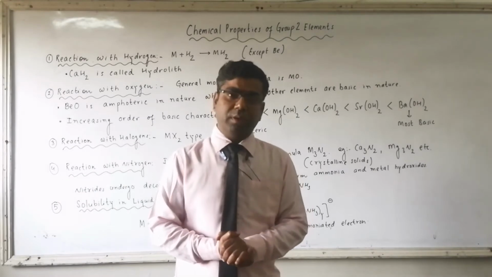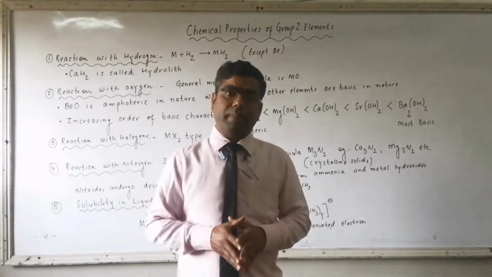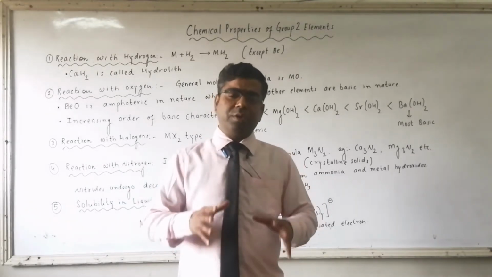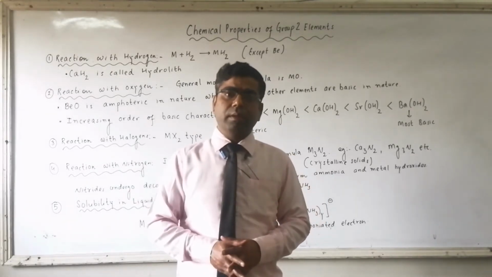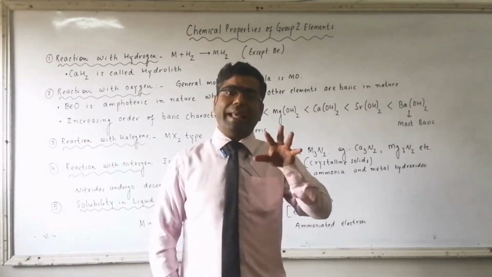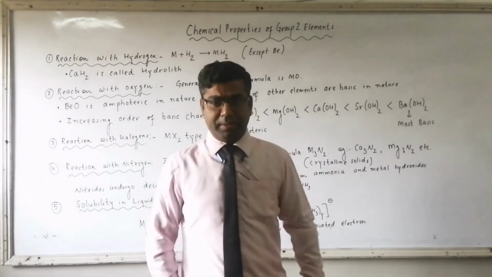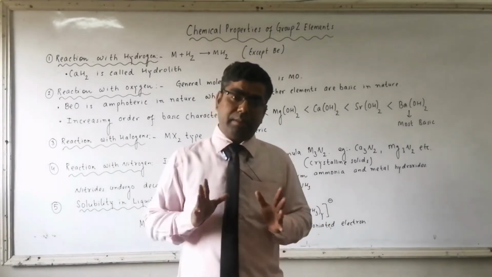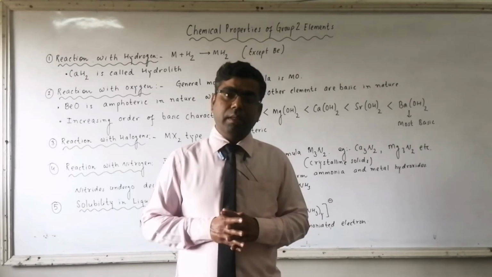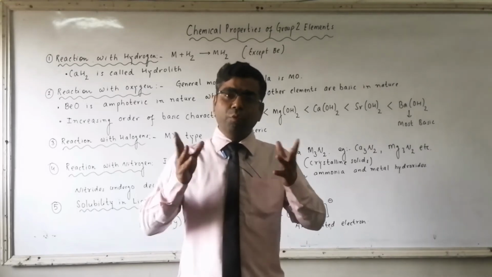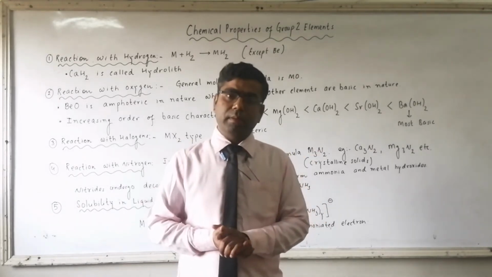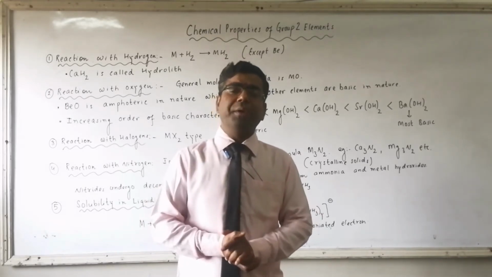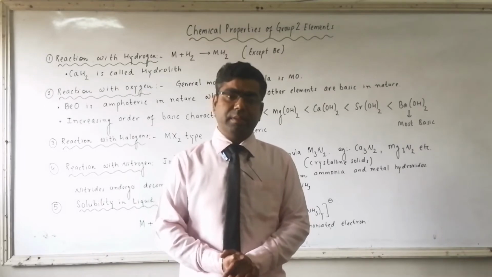And if we compare their reducing character with the hydrides of the alkali metal from the same period, then their reducing character will be less. And as we move down in a group, the reducing character of hydride increases.